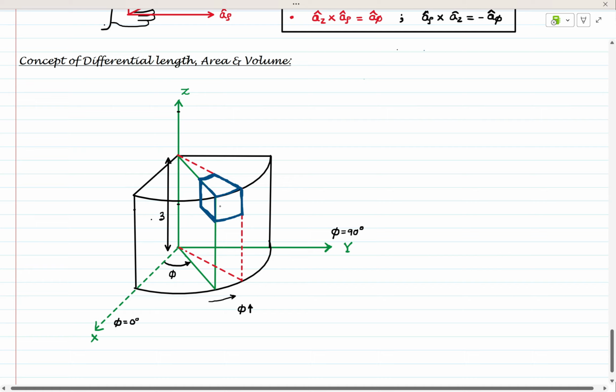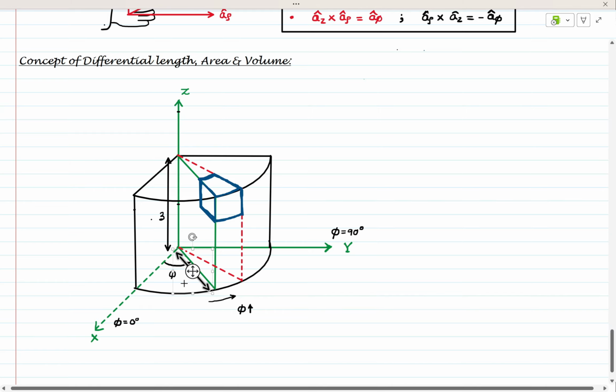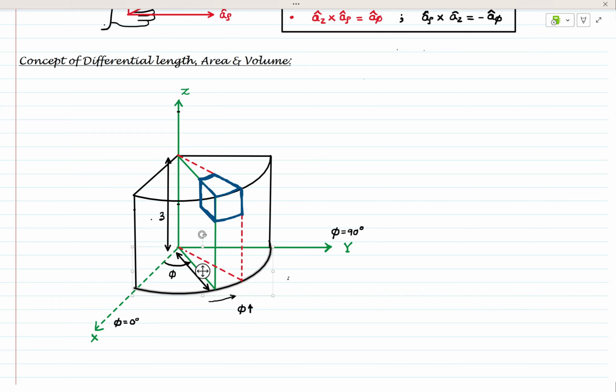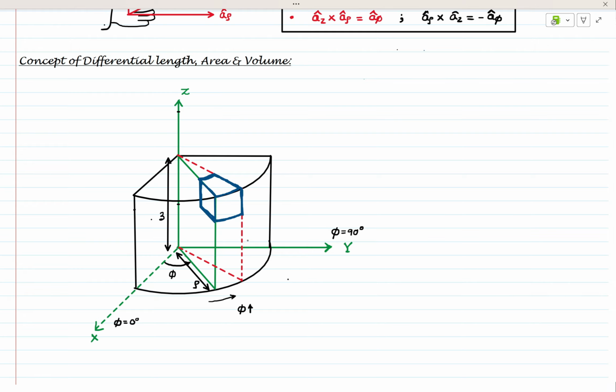This height is the same as this green color line height, so don't have any misconception about that. The height of this cylinder is nothing but z. Now what is rho? Rho is this. This is rho. So rho, phi and z I have covered here.